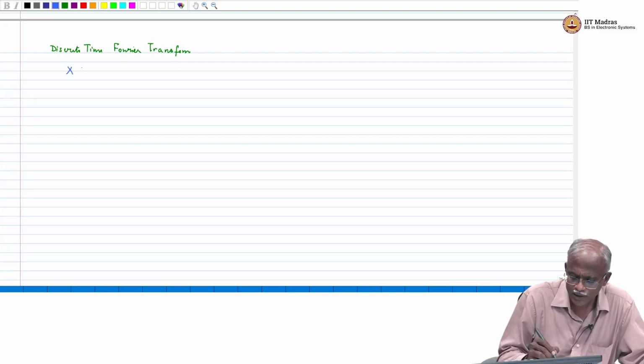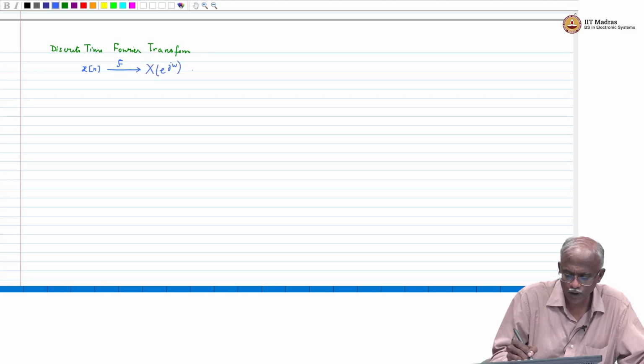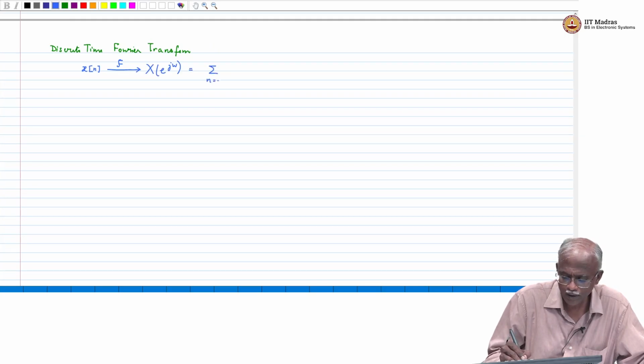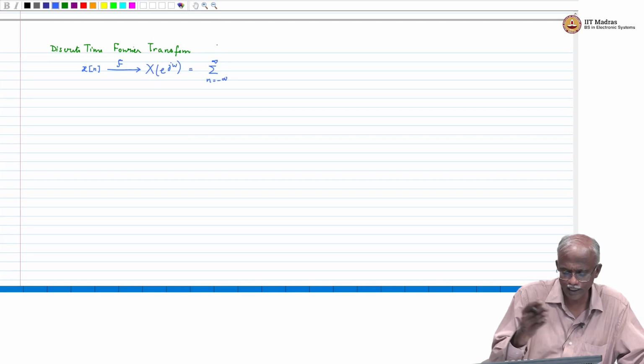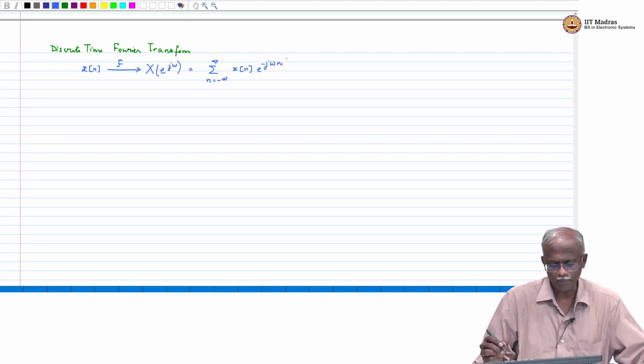If I have a sequence x of n, and I'm going to be looking at it in terms of the Fourier transform, this will give me X(e^{jω}), which is given by summation n equal to minus infinity to infinity, just like we did for the LTI system, x of n e power minus j omega n.